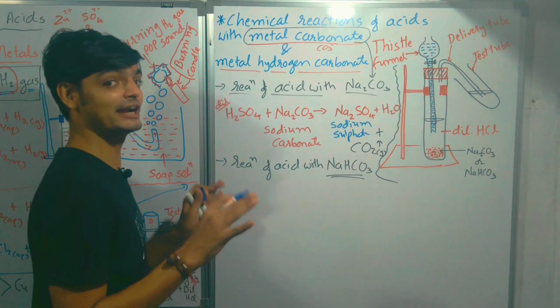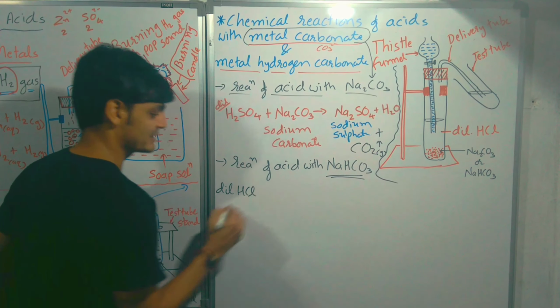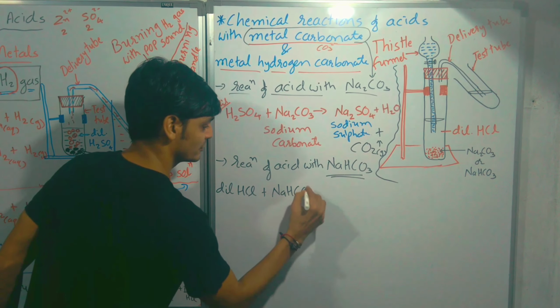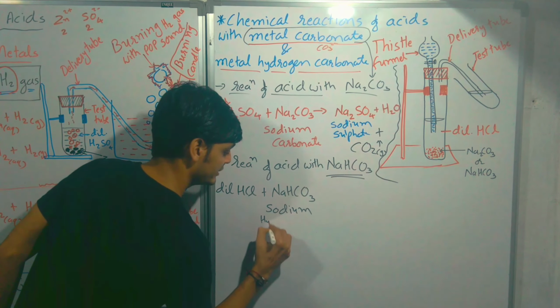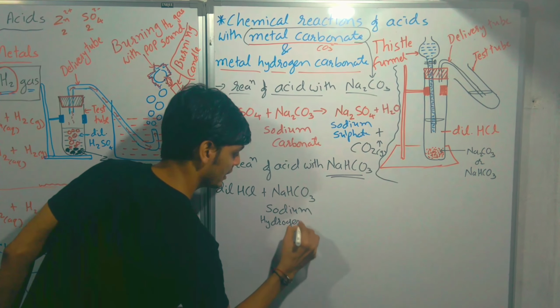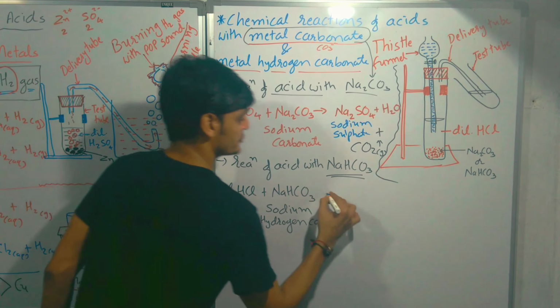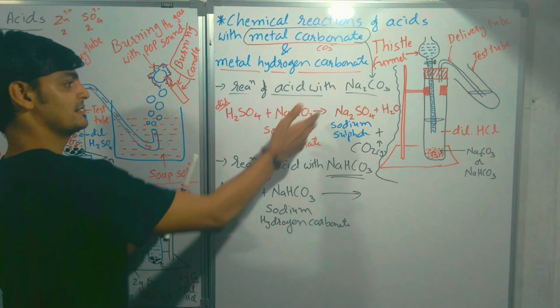Now I will take hydrochloric acid. I have taken dilute hydrochloric acid. Reaction with NaHCO3, sodium hydrogen carbonate. When it reacts, again salt will form, just like the previous reaction.